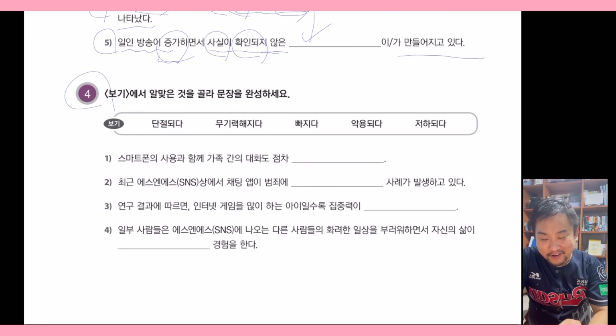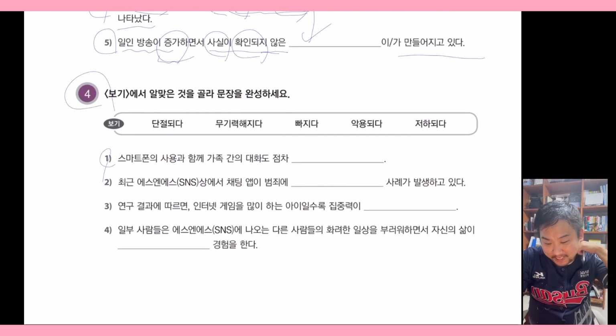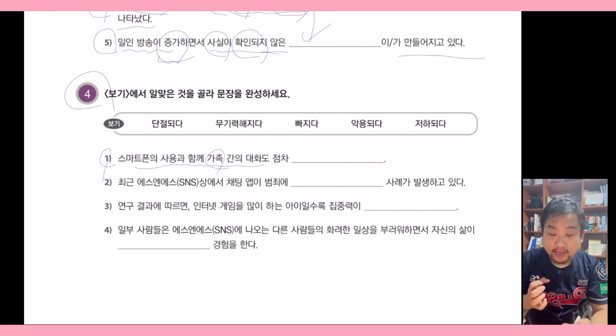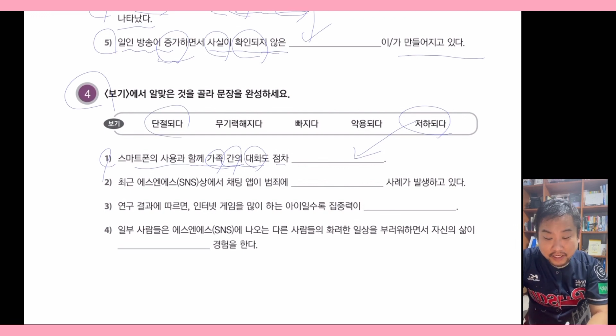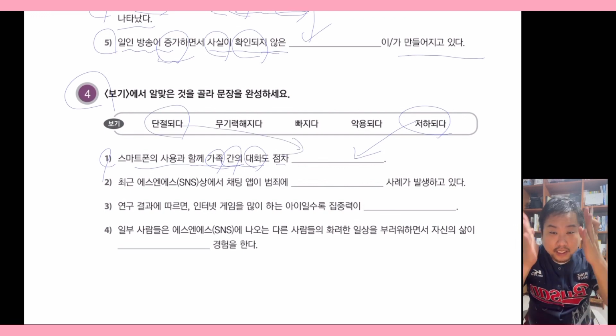So number 4, number 1, 스마트폰의 사용과 함께 가족 간의 대화. 가족 is family, 간 is inter. So inter family members conversation이 점차 gradually maybe decrease, 저하되다 is the answer, or 단절되다 is stop.